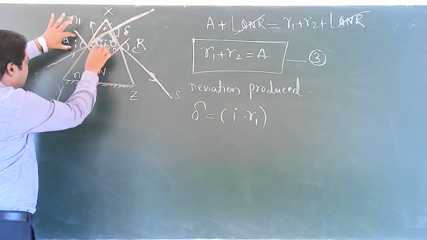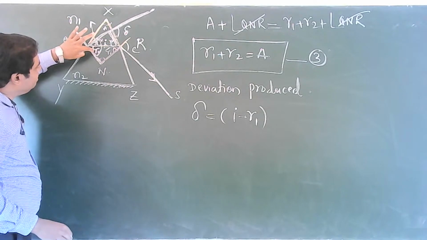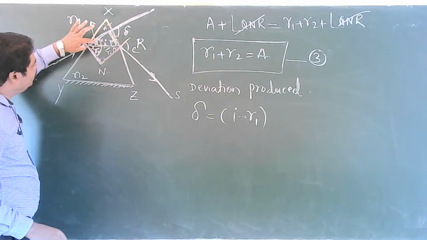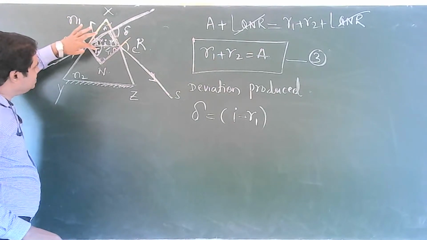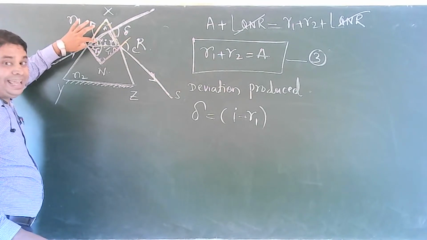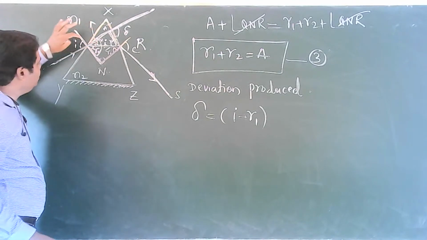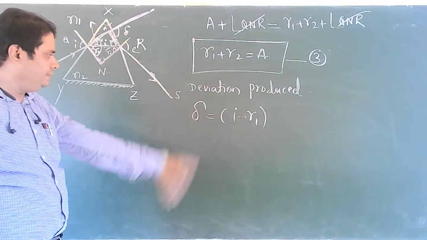If this is I, the vertically opposite angle will be I. This is already R1. So the value of this angle will be the whole angle minus r. I minus r gives you this remaining angle. The value of x is equal to I minus r, actually I minus R1.